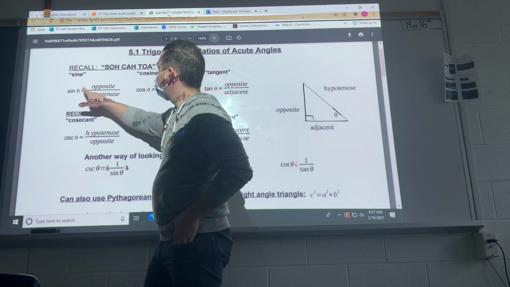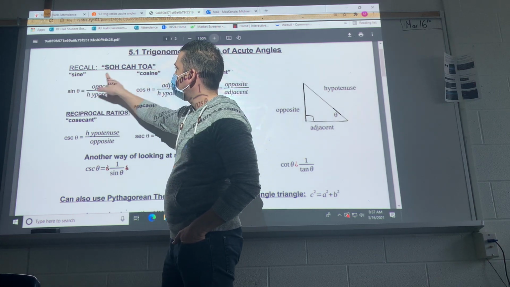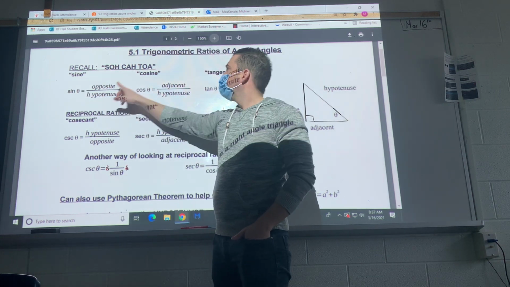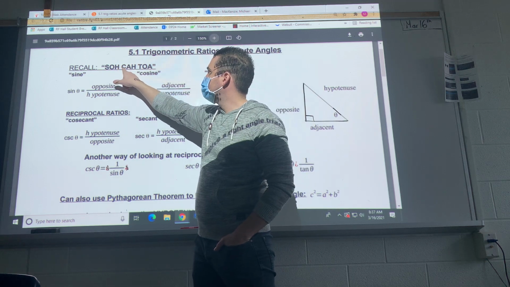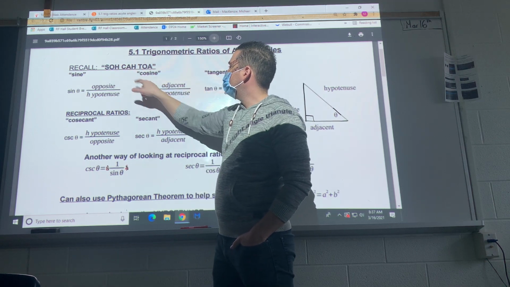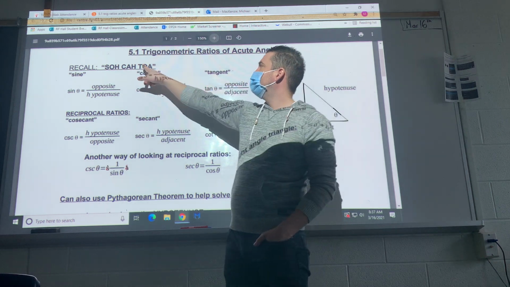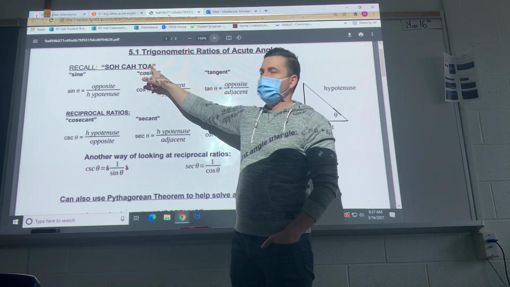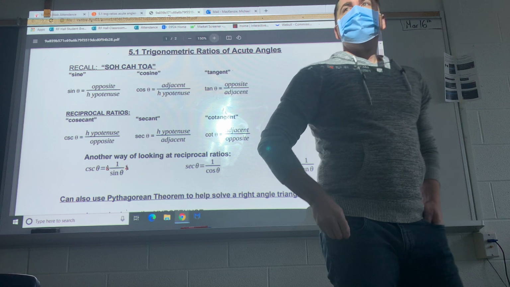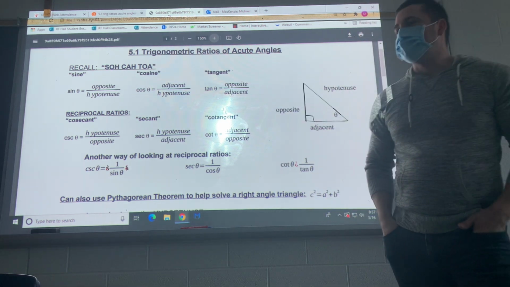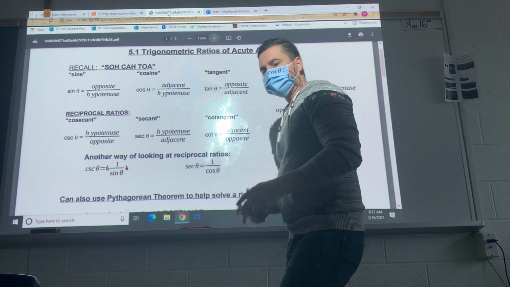So SOH is sine, opposite over hypotenuse. Next, CAH: cos is adjacent over hypotenuse. And lastly, TOA: tan is opposite over adjacent. So the O, A, and H represent the sides of the triangle.